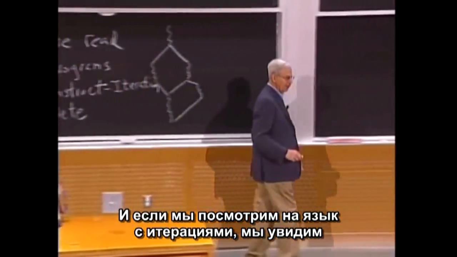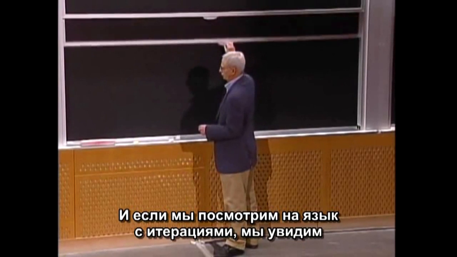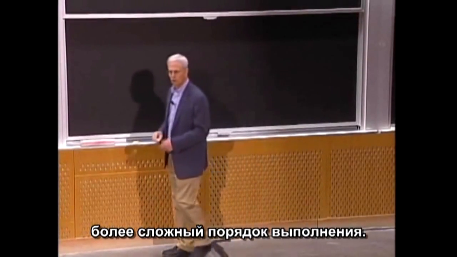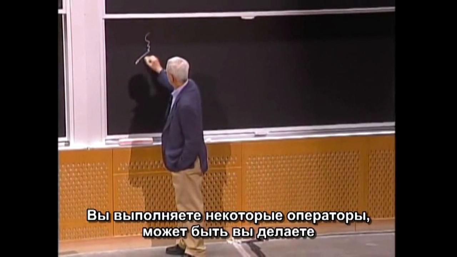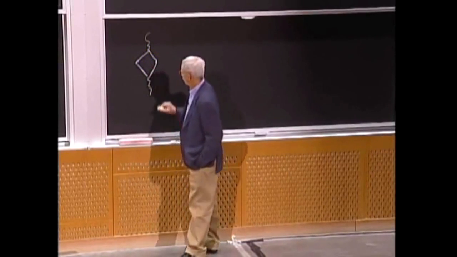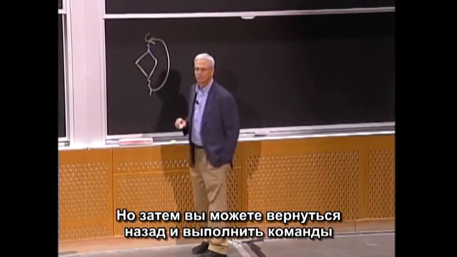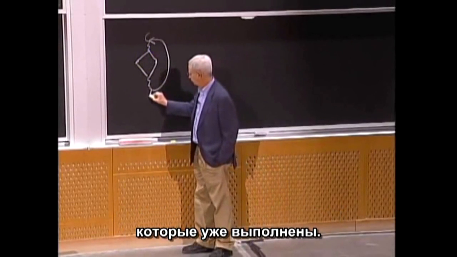And if we look at languages with iteration, what we'll see is a more complicated flow of control. You execute some statements. Maybe you do some branching if you want. But then you're allowed to go back and execute statements you've already executed.